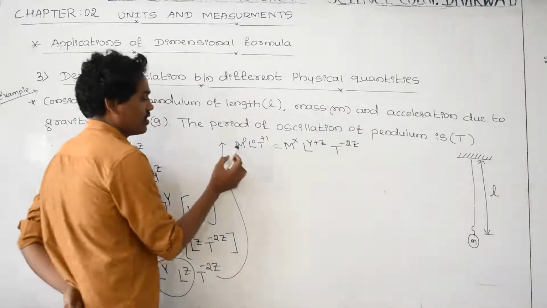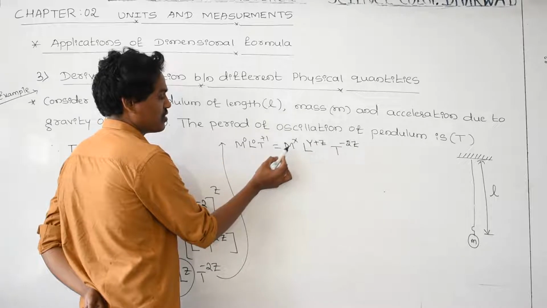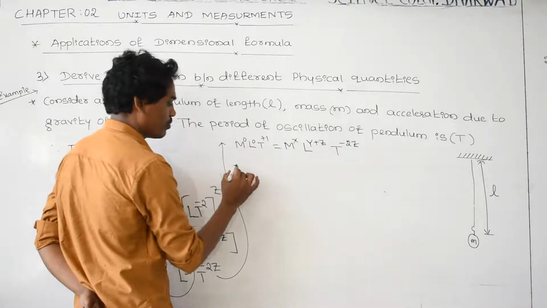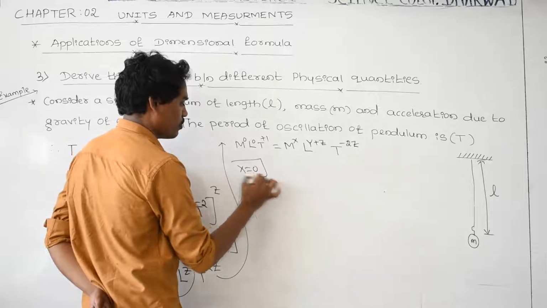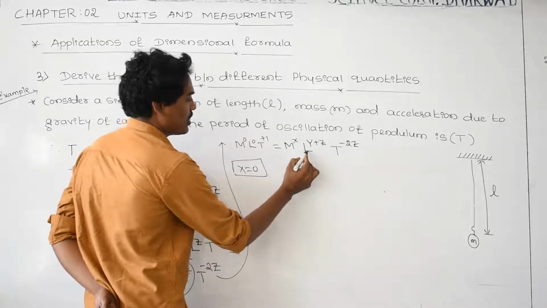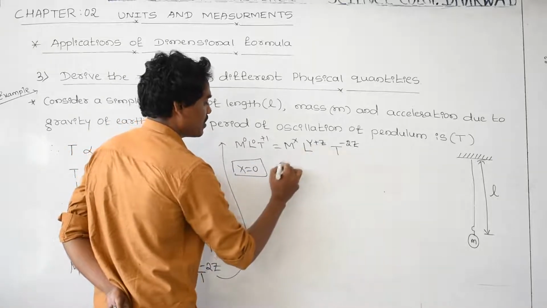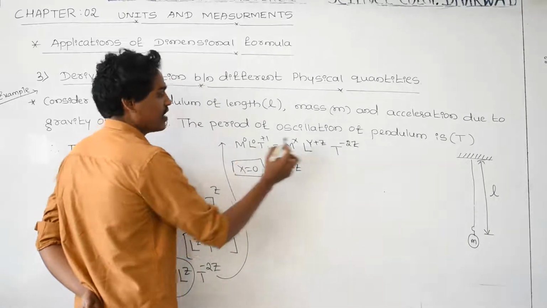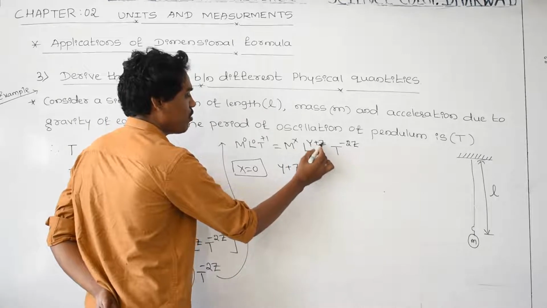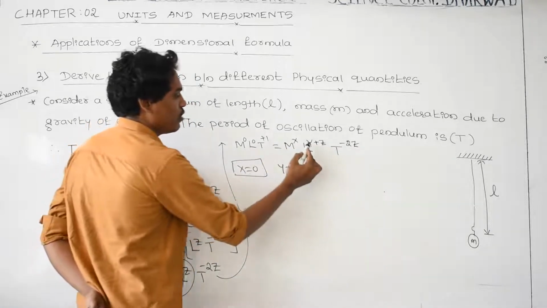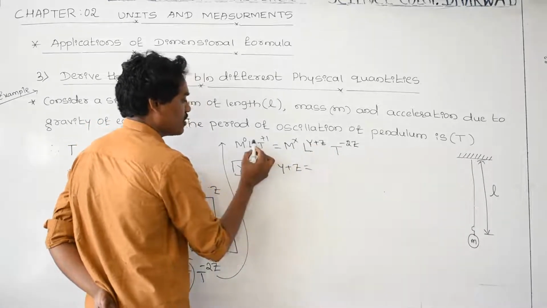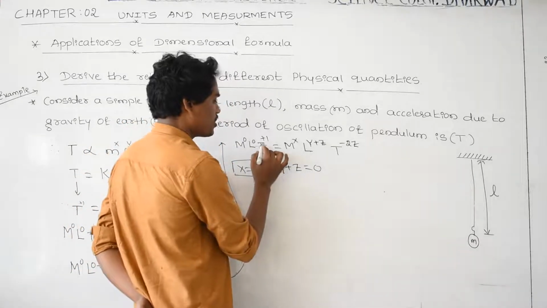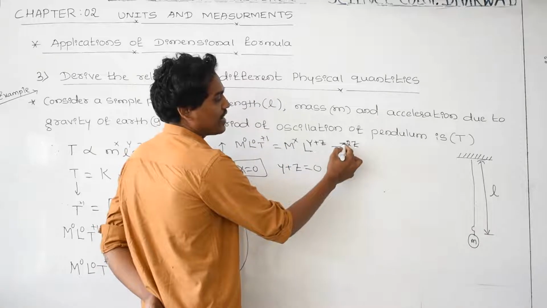And again M base. What is the coefficient of power? X is equal to 0. And L to the power y plus z, here the power is 0, so y plus z is equal to 0. Then next term, T raised to plus 1, T raised to minus 2z.